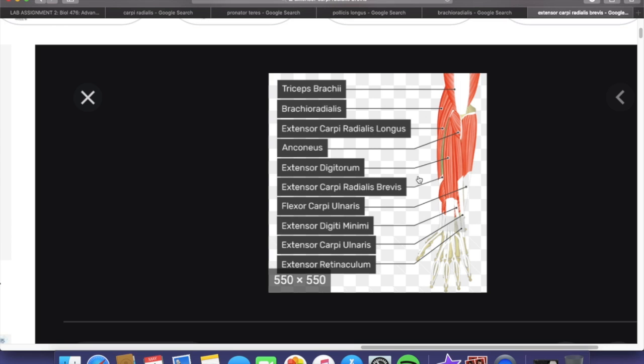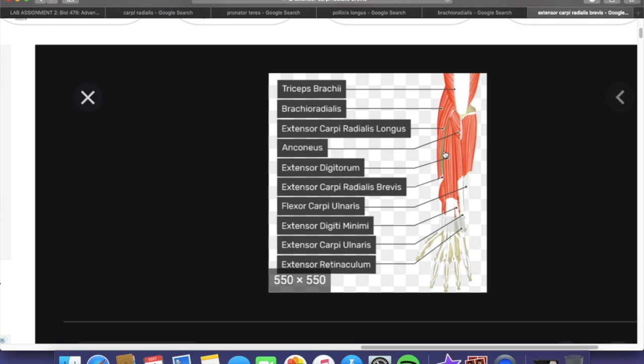So it's this tiny green one right here. And the brevis is responsible for the extension at the wrist. It's innervated by the radial nerve and supplied blood through the ulnar artery.